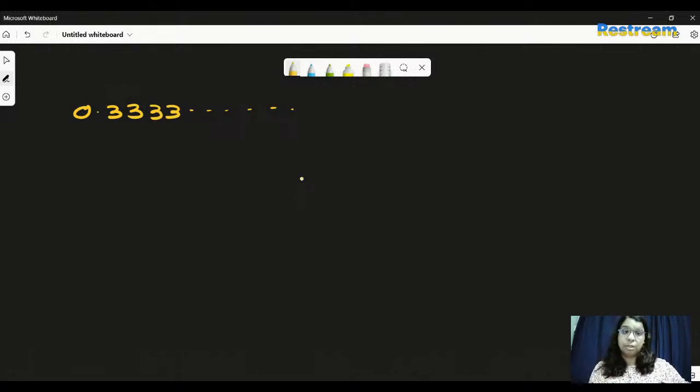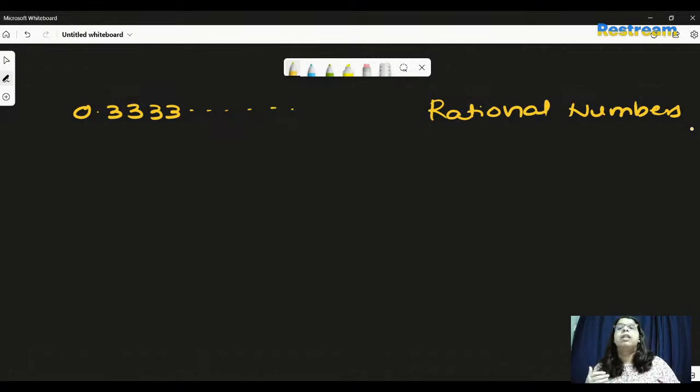These are rational numbers. Okay. What are rational numbers? Rational numbers are the numbers which can be represented in form of a fraction. Okay, so there are questions of this kind that convert 0.33 as a repeated number into a fraction.